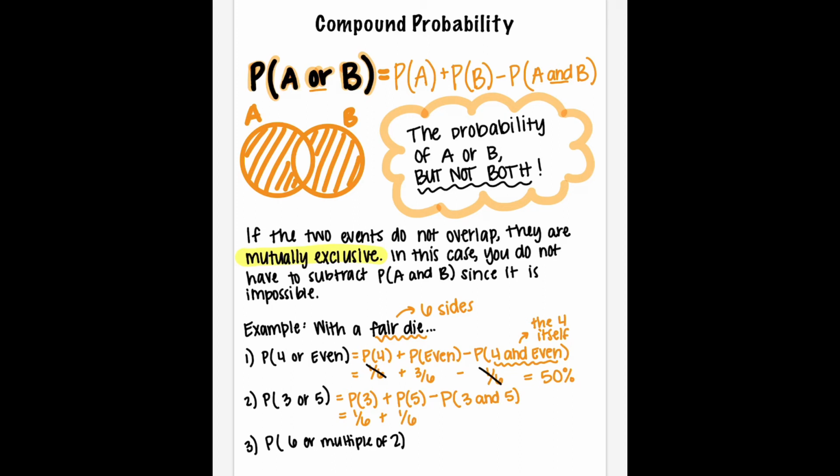And then the probability of rolling a 3 and a 5, well, you can't roll a die one time and land on both a 3 and a 5. So this is not possible. So we don't have to subtract anything out. So 1/6 plus 1/6 is 2/6. And if we wanted to simplify that, that would be 1/3, or 33.3%.